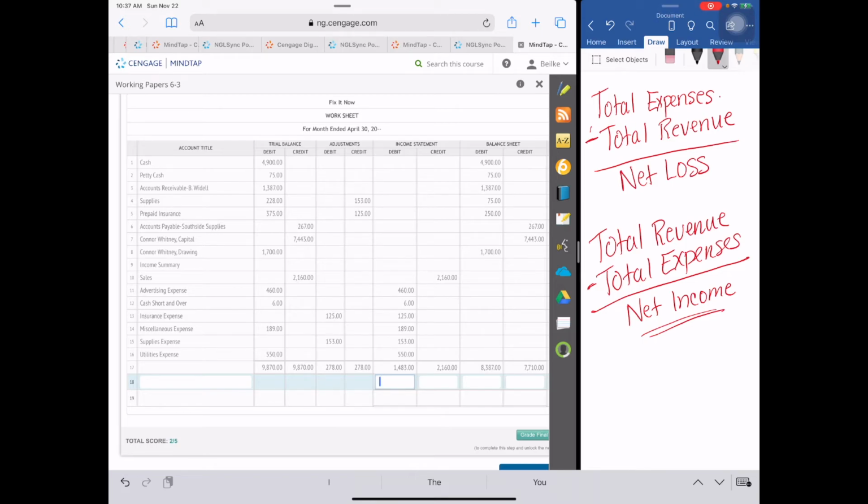Okay, so to figure out our net income, we take our total revenue of $2,160 minus our expenses, which is our income statement debit column, and we come up with $1,483.